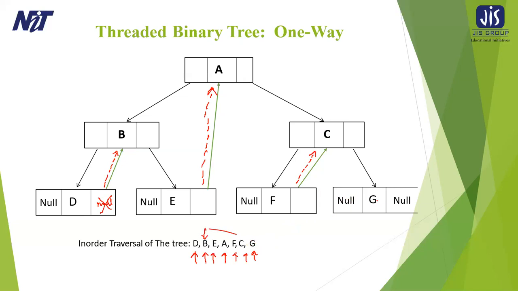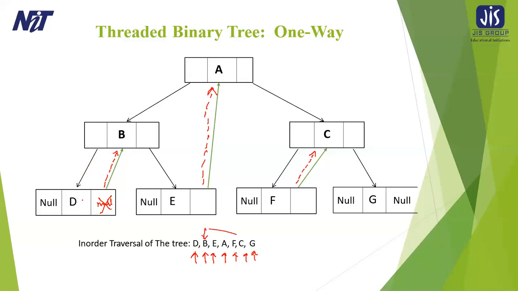So now a few of the null pointers are replaced by threads in the one-way threaded tree, and it has some advantage. If I want to traverse, we come to the root, then to B, then to D. If there are two null pointers, we cannot move anywhere.